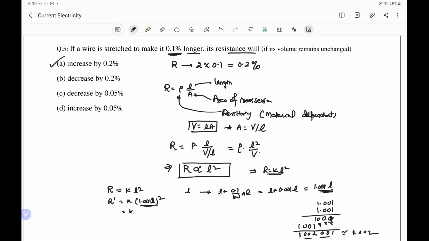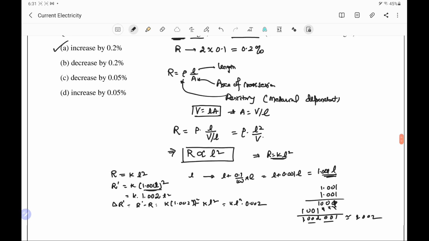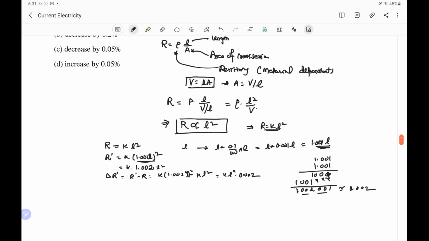So we write it as approximately 1.002. So the change in resistance, that is the increase in resistance, will be R dash minus R, and it is equal to K into 1.002 L square minus K into L square, that is equal to K L square into 0.002. This is the change in resistance or the increase in resistance.